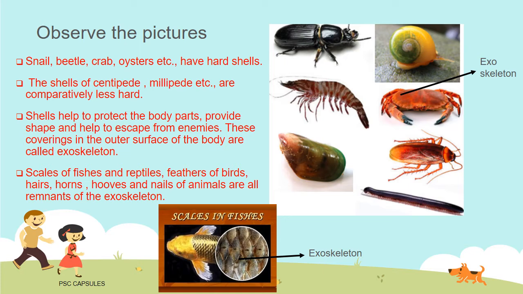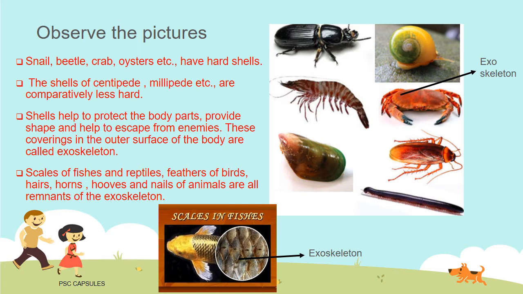So, shells have some important functions, right? They help to protect the body parts, they provide shape, they help to escape from enemies. The shells which are present in these kind of organisms are called exoskeleton. So, what do you mean by exo? Exo means outer.